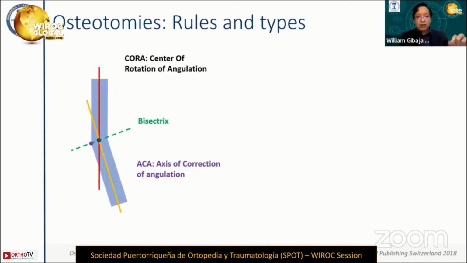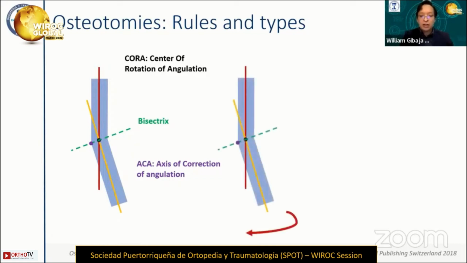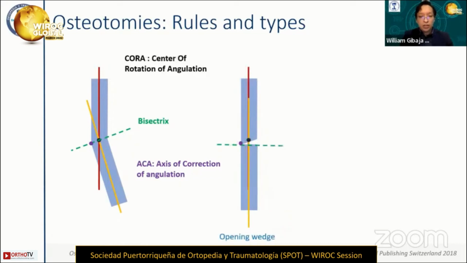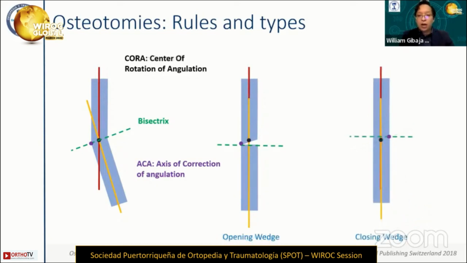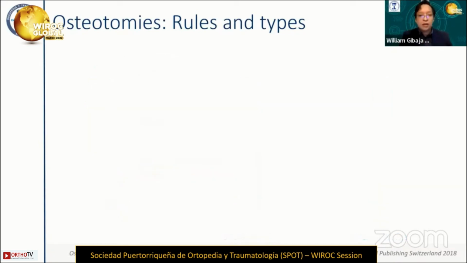If we work on this axis more laterally, trying to do an opening wedge osteotomy, we can align the deformity. And if we do it more medially, in this case, we can do a closing wedge and reach similar outcomes. And we can do this only by using PowerPoint and Paint. So I think that's the wonder of this device.